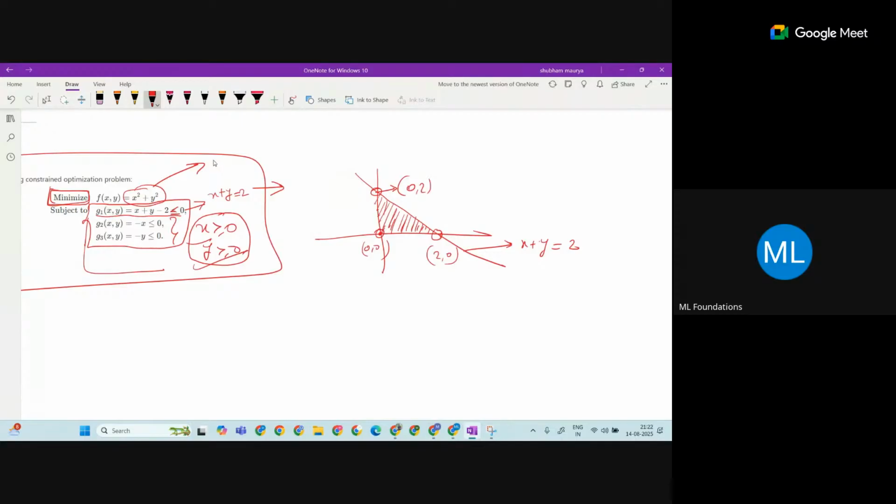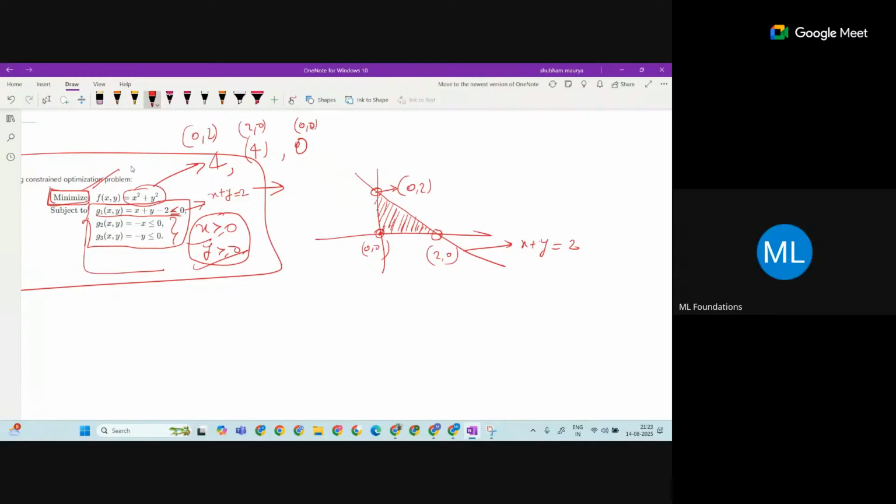At 0, 2 it is going to be 4. At 2, 0 it is also going to be 4. You just need to substitute. And at 0, 0 it is going to be 0. I want the minimum one. So the minimum of the function is 0 within the constraint. I asked for the minimize. This is the minimization problem.